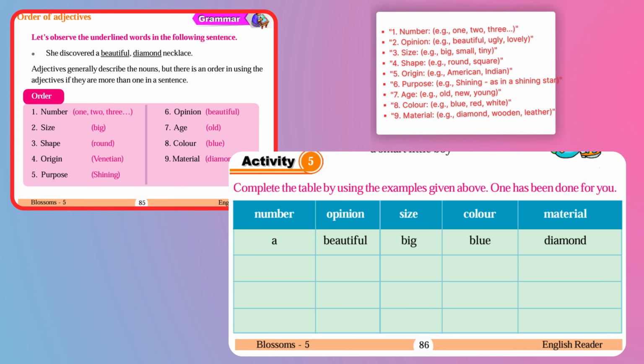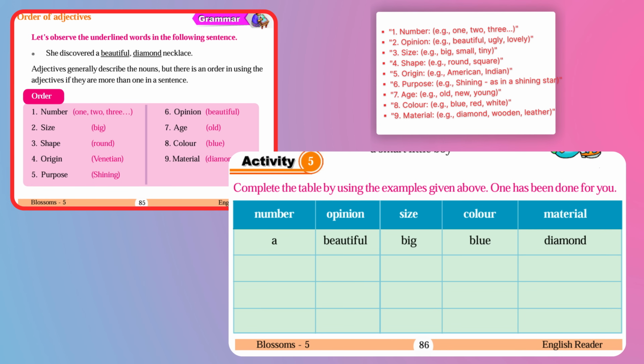And in this list, opinion adjectives are placed relatively late, in the sixth position, after categories like number, size, shape, origin, and purpose.